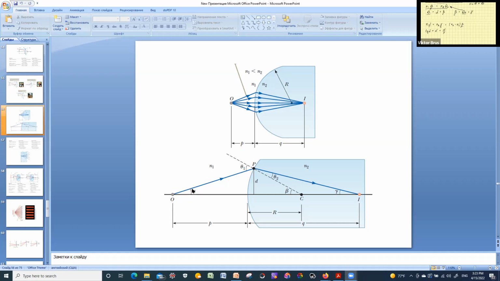So tangent of this angle alpha will be the ratio between this distance d from the principal axis to the point where the interface is hit by the incident ray, divided by this distance between object and the surface, the interface between two transparent mediums with different refractive index.